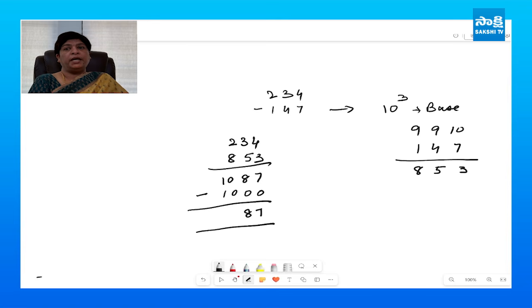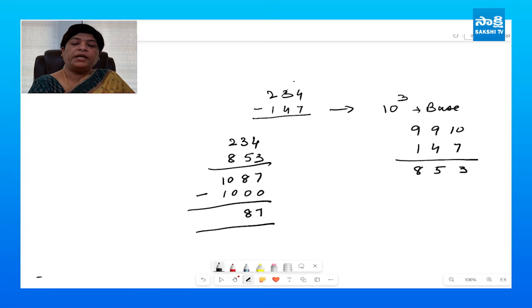That can be done by subtracting the number 147 from all from 9 and the last from 10. We get 853 as the Nikilam of 147. After that, we add the positive number, which is 234, plus the Nikilam we just found, which is 853. Then we subtract the base from this sum, which gives us 87. 87 is the answer to this problem.